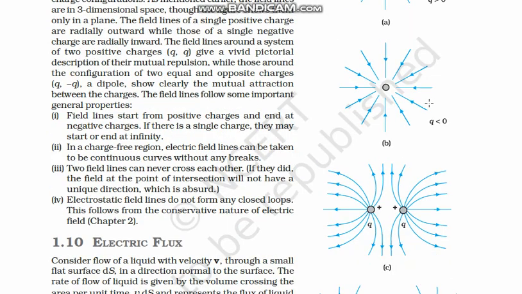What kind of variation? See here, two positive charges are brought closer. As we brought the second positive charge, for the first charge the field lines were normally radially outward like this, but as soon as we brought the second charge closer to this first charge, these field lines are now curved, so they don't intermingle or mix up with each other.